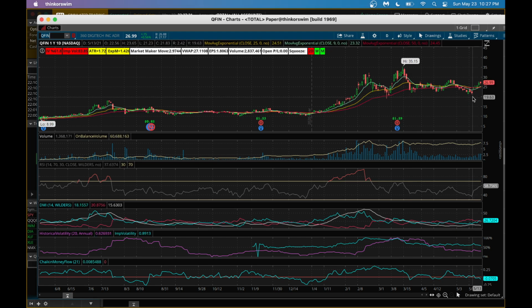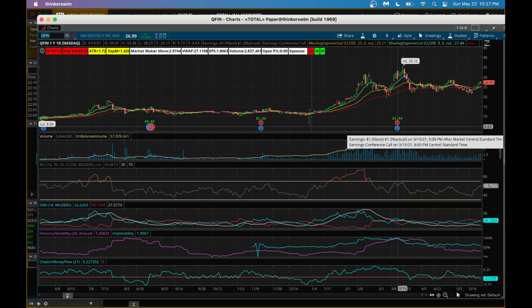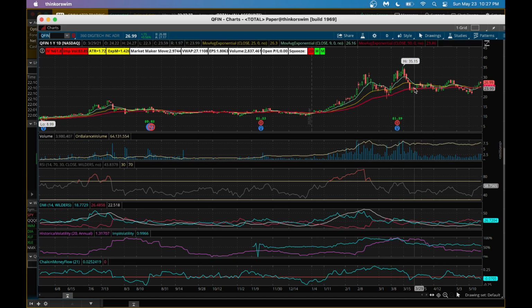By looking at the history of this stock, it doesn't do too much after earnings. It looks like it will come down most of the time. As you can see, on earnings it went up but came down. Earnings here went up a little bit, came down. So history tells us this stock might behave the same way as before.